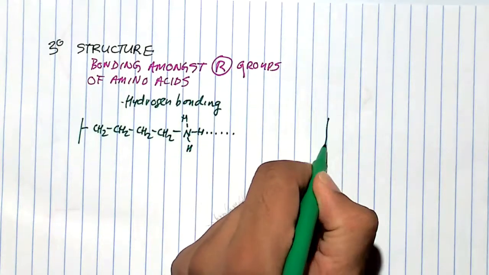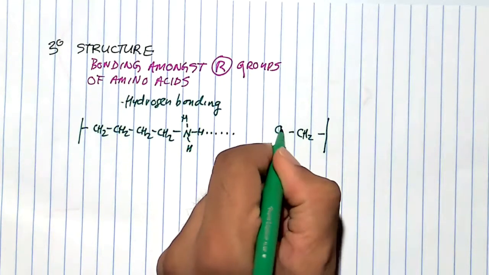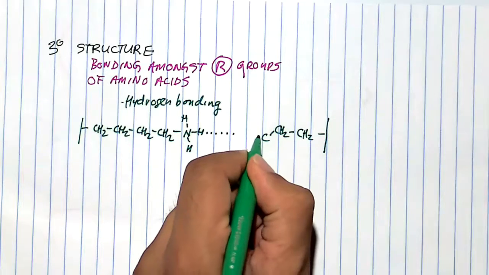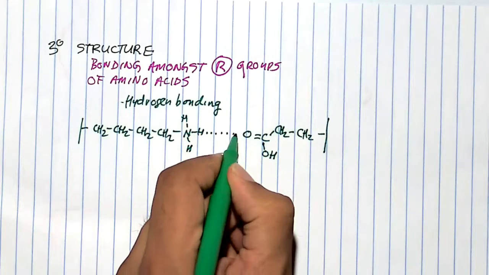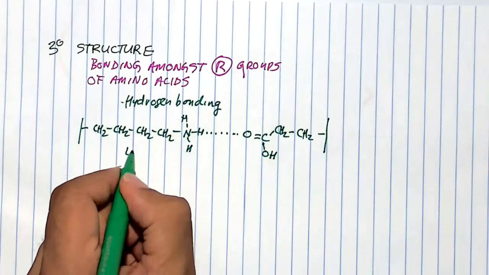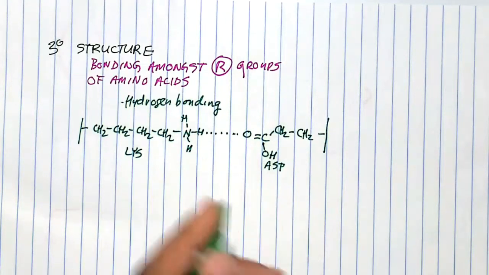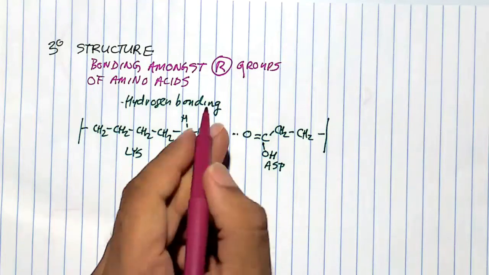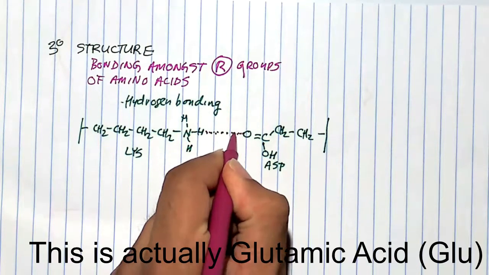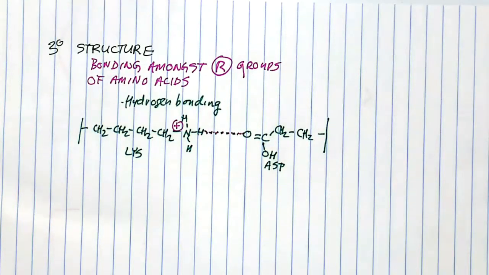So, lysine, maybe the hydrogen bond can be like this. This would be the side chain of a lysine, this would be the side chain of an aspartic acid that's protonated, and here would be your hydrogen bond. That's just one example. It's an interaction amongst the R groups.